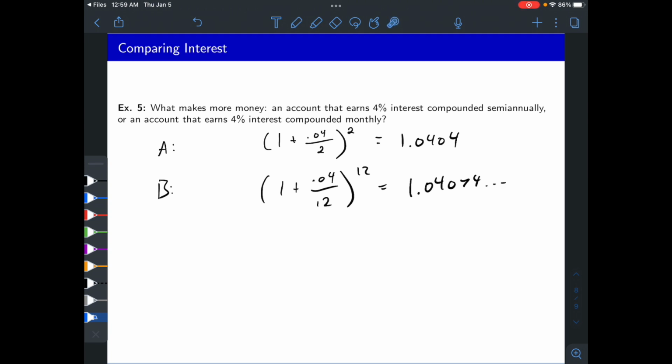So the second one is slightly bigger. They both agree for the first 3 places after the decimal, and then they differ at the next one. So the first one has a 4, the second one has a 7. So it looks like compounding monthly is going to make ever so slightly more interest here. It is not very significant, to be sure, but this is just on a $1 deposit over a 1 year span.